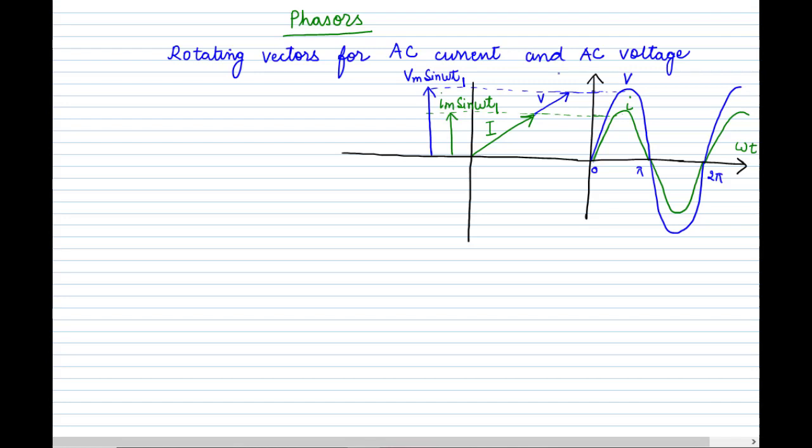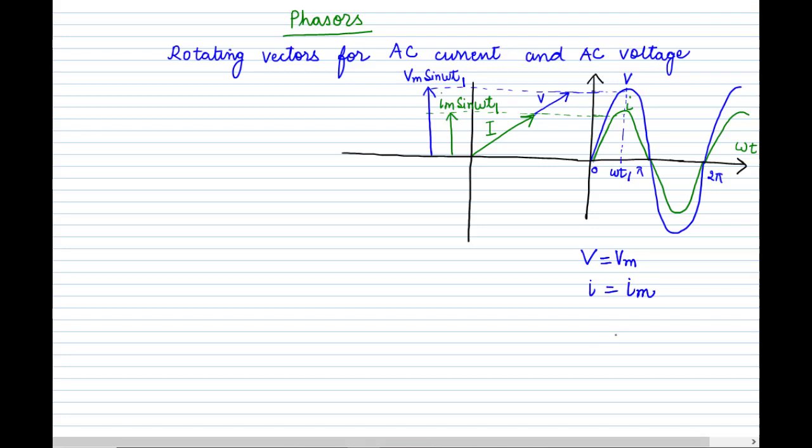The magnitudes of phasors V and I represent the amplitude or peak values Vm and Im of these oscillating quantities, the maximum values of voltage and current.